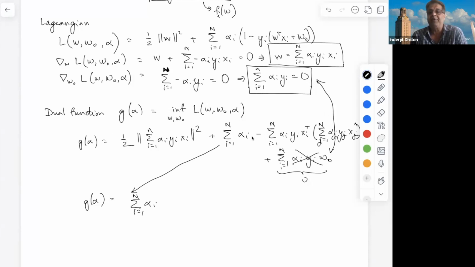So as a result, these two terms combine to give you minus 1/2 summation of I equals 1 through n, summation of J equals 1 through n, alpha I, alpha J, yi, yj, xi transpose xj.